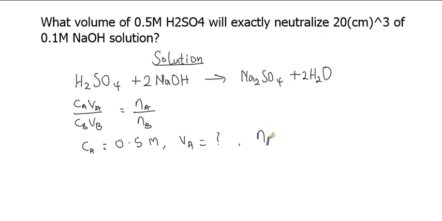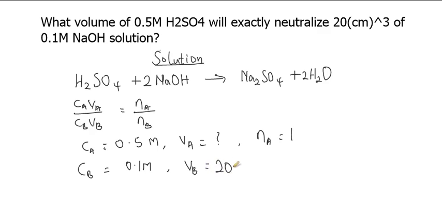Coming to the base now, we have the concentration of base, Cb, to be 0.1 molar. We have Vb equal to 20 cm³.